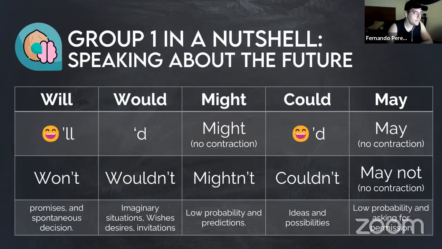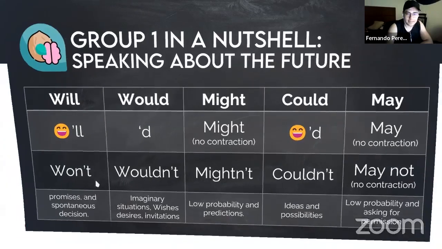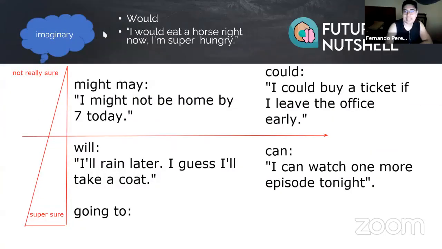Anyway, there is a little diagram that we can use. Let me open this slide. In this diagram, that I need to make a little bit more beautiful, you have a diagram of probability. This triangle represents probability. If you are super sure, you use going to.